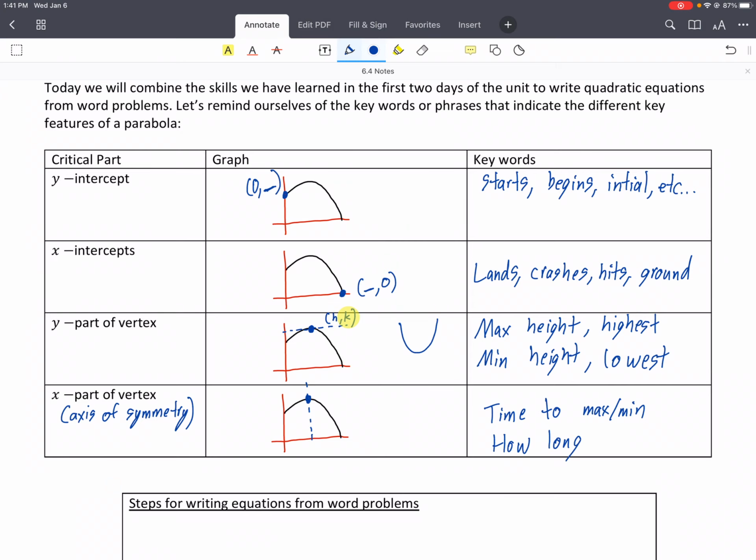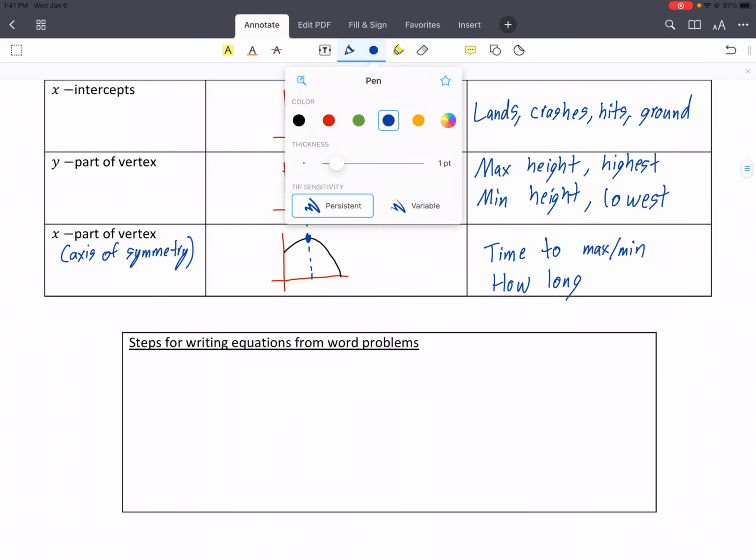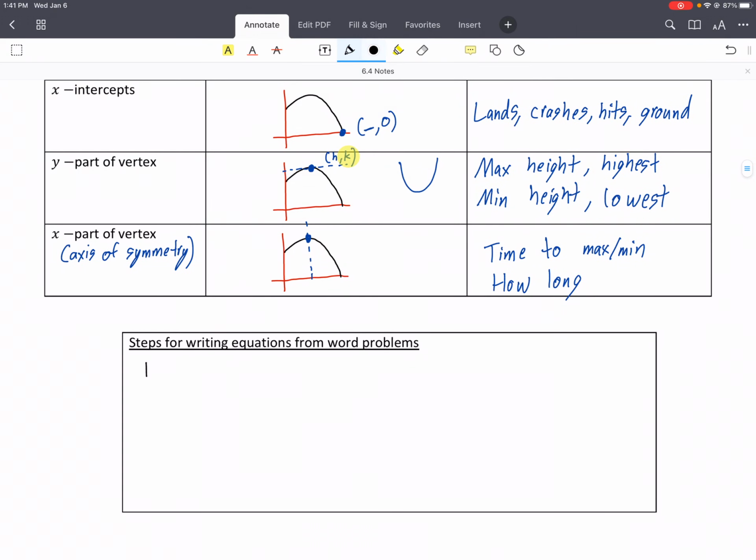So looking at some general steps on how to do this. One thing that I find really helpful is first to just draw a picture. And then along with that, label your points or key info.